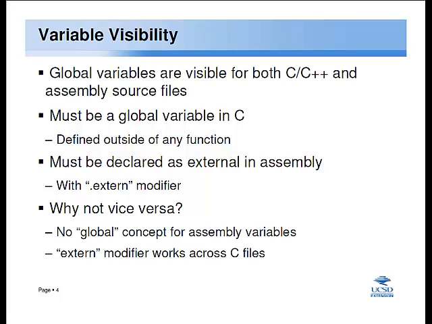The reason is that any variable name is just for convenience, right? At the end of the assembly or compilation process, there's no variable name anymore. Everything is mapped to some location.